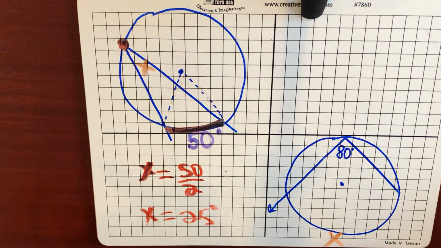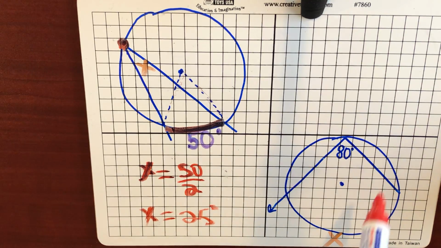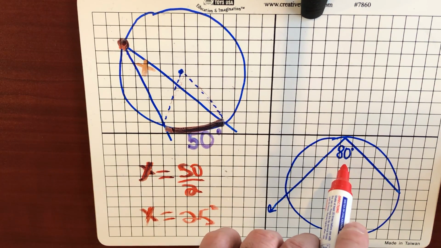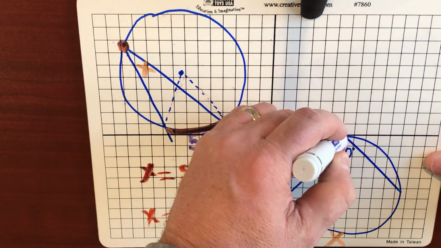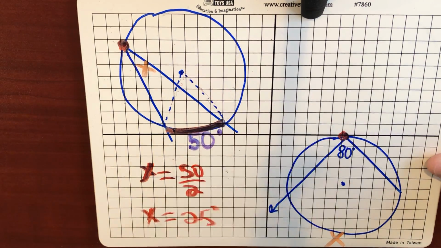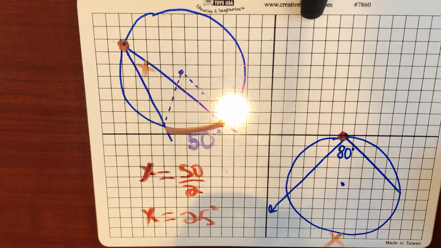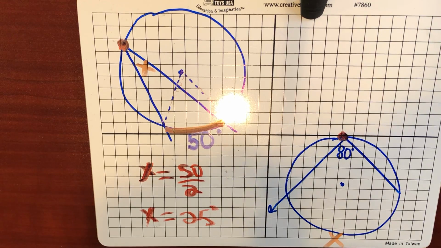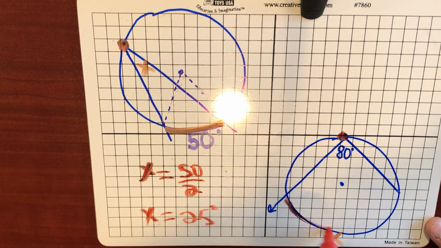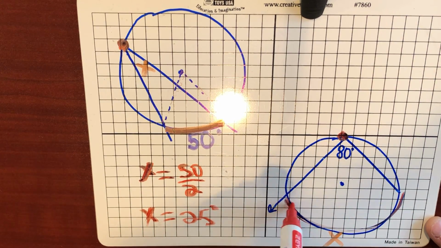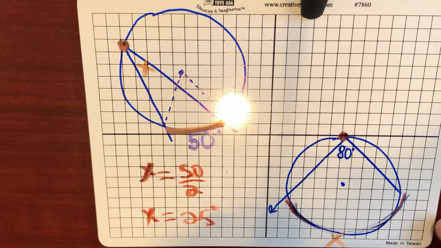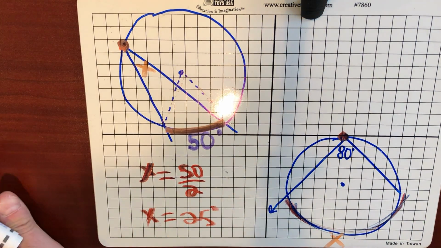And then the one over here on the right, this is an 80-degree inscribed angle because the vertex is on the edge of the circle. And once again, that angle is half of the arc that it goes to. This arc here is what we're looking for.